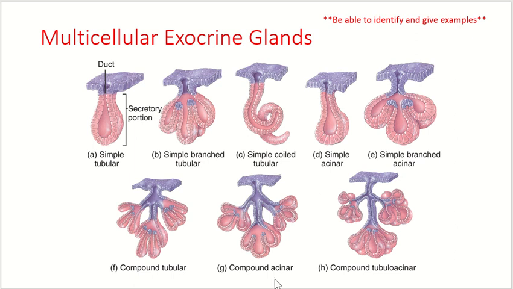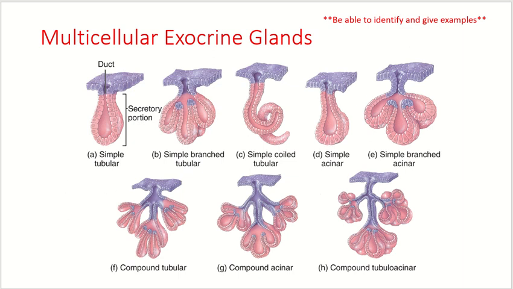We've got a compound acinar and a simple branched acinar. And then we've got the compound tubulo-acinar, where we've got more branches coming off of each individual branch here. Then there's also the shape. We've got a simple coiled tubular. These are going to be important for things like sweat glands.